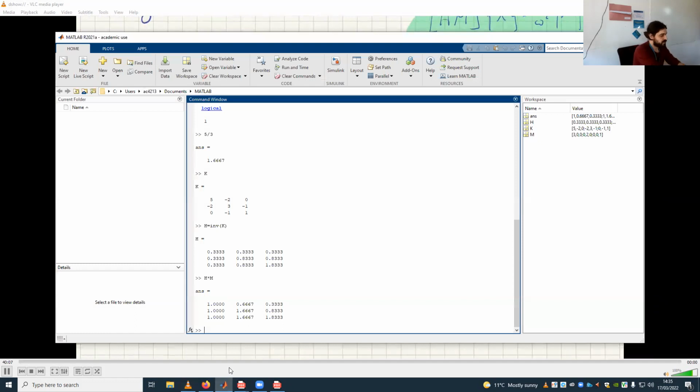My guess X1, guess 1, is a column vector of 0.3, 0.5, 1.